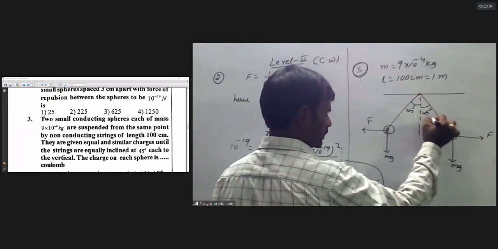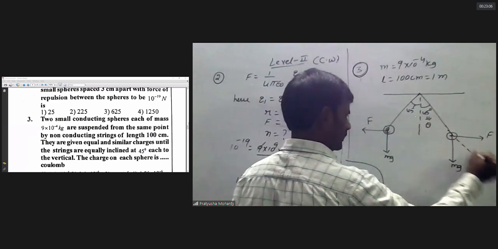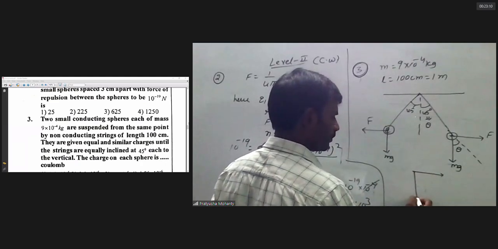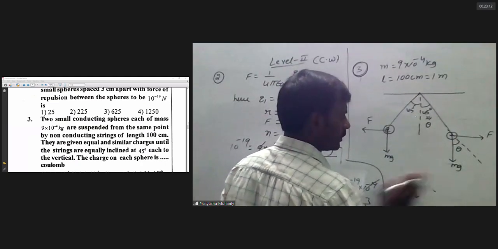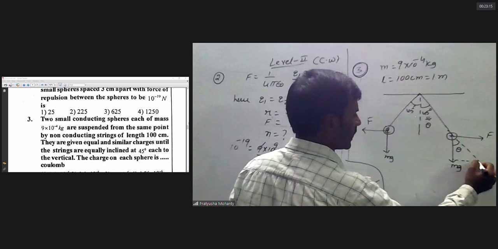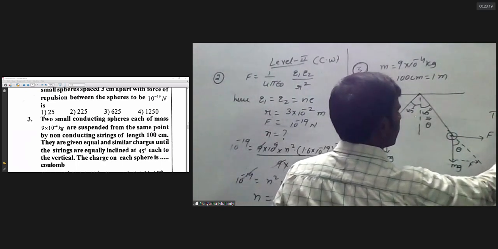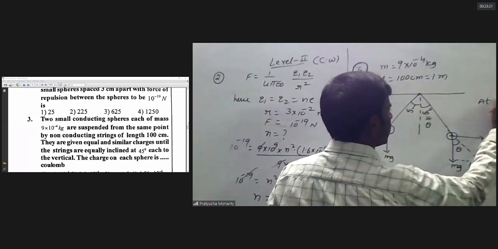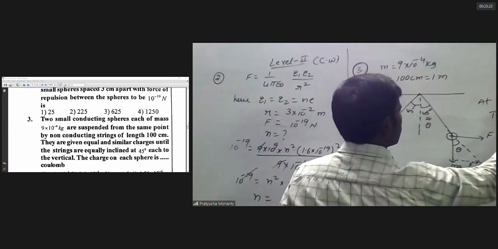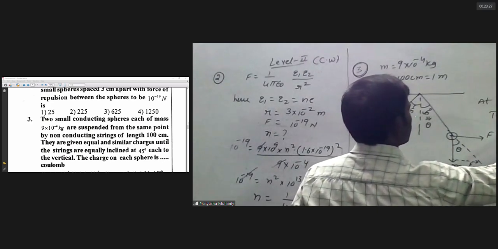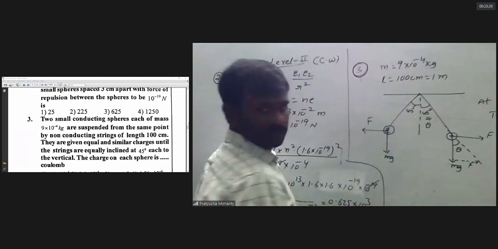Q. So you should take this as theta, angle theta. Now you see, this is F. Tan theta equal to F by mg, because the equilibrium is clearly given. Tan theta equal to F by mg.